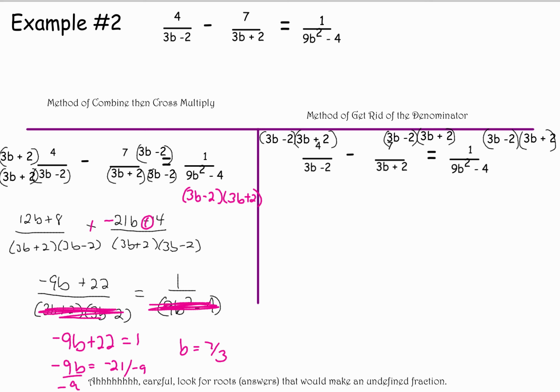And now I can cancel. Okay, you and you cancel out, leaving me with 4 times b is 12b plus 8.